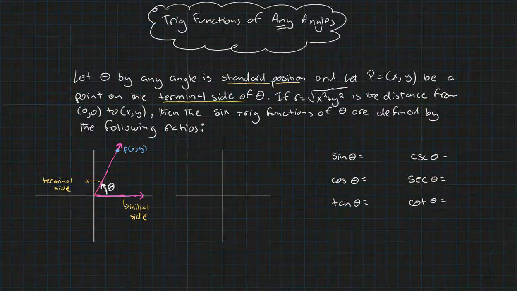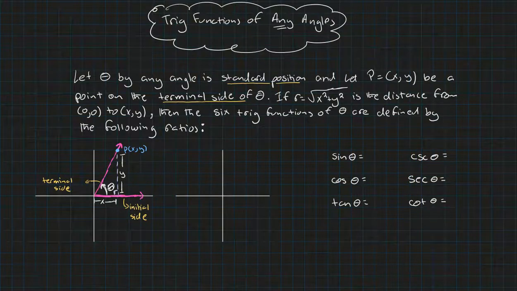So I can create this right triangle over here, because this right here has moved x distance away from the origin. This right here has moved y distance away from the origin on the y-axis. So x is some units away from the origin, and y is some units away for the height.